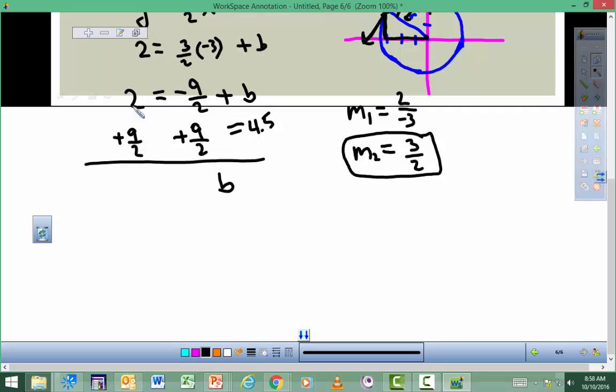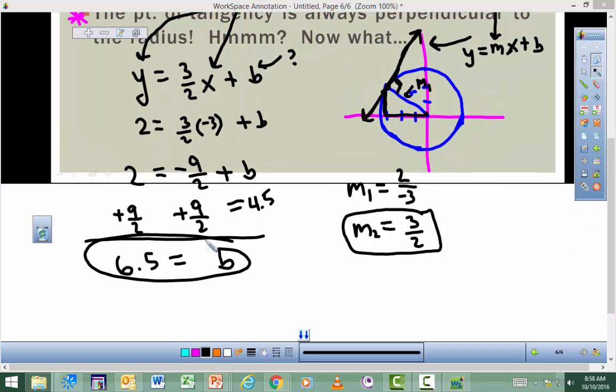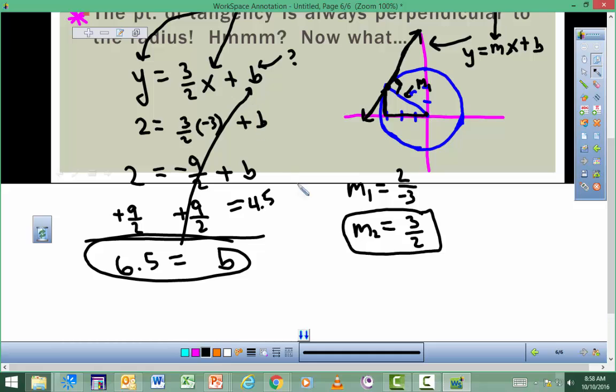So if I take 4.5 and add 2 to it, it's going to be 6.5, right? Well, there's the second piece of my equation then. I now have the final piece. So the equation then of that tangent line is y = 3/2 x plus 6.5.